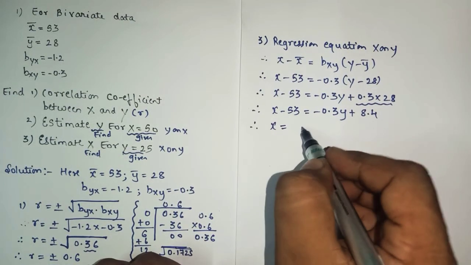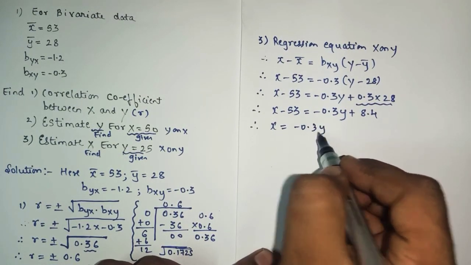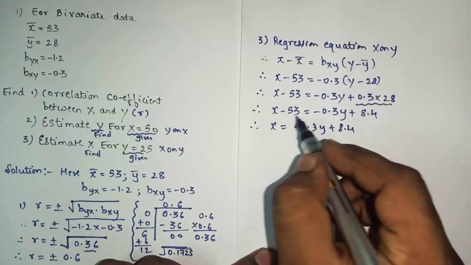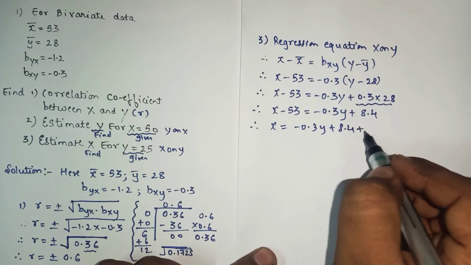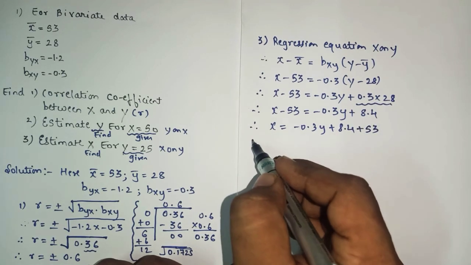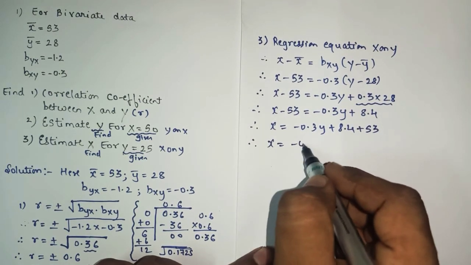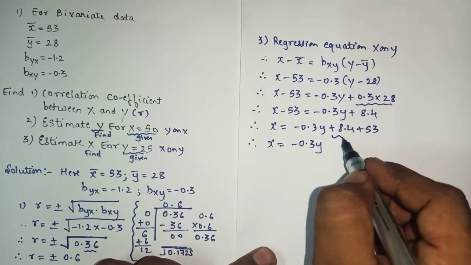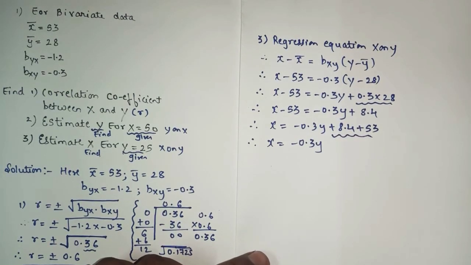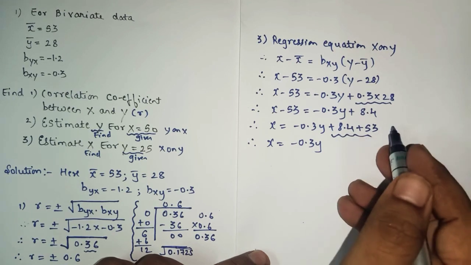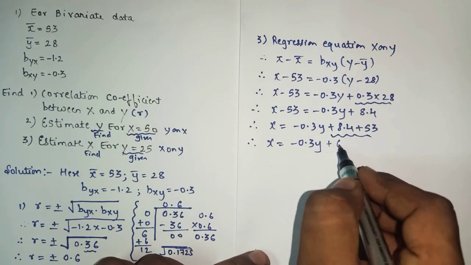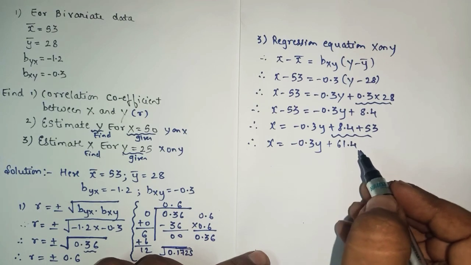Keep this x as it is, minus 0.3y plus 8.4. Shift this minus 53 to the right hand side. So this will be plus. So the next step will be x equals minus 0.3y. So when you add these two numbers, 53, 8.4, 7, 8, so 61.4 will be the answer.